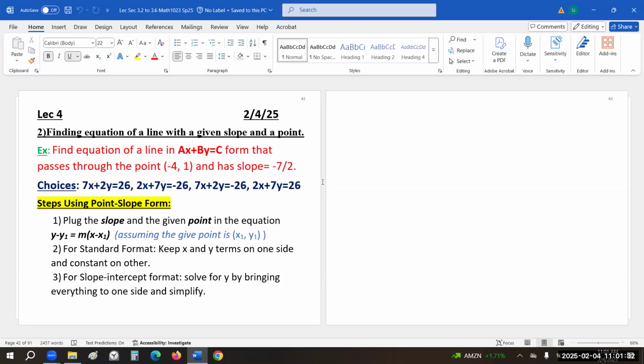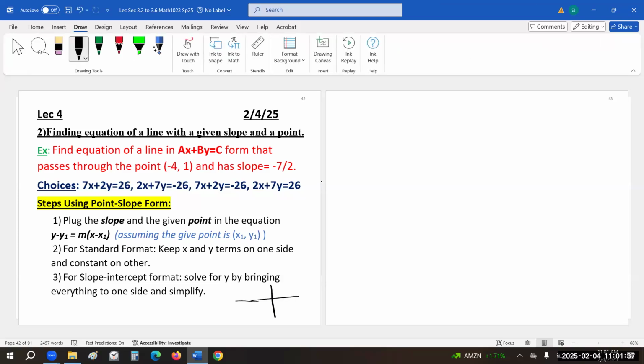So they gave us a point, -4, 1. I'm just showing you the visualization of what is happening. 1, 2, 3, 4. -4 is here, 1 is here. So this is the point given, and they gave us the slope -7/2.